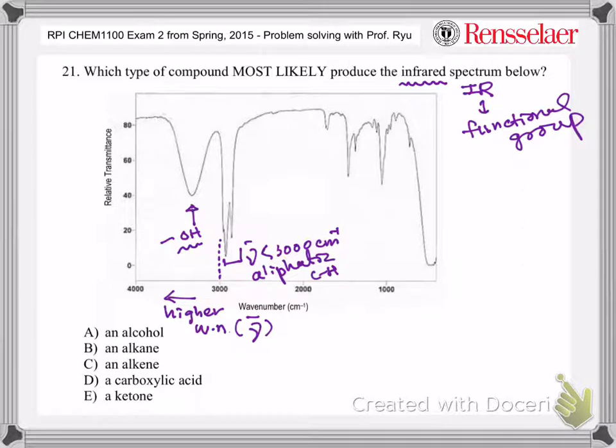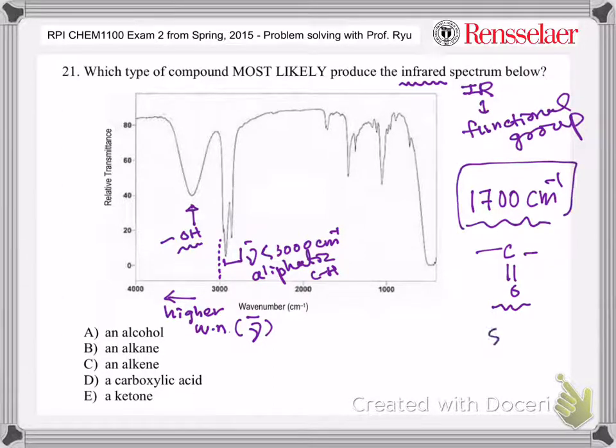One other very important one is the peak around 1700 or 1715, and this is a very signature of what we call the ketone peak. There are many functional groups that contain a ketone, and this ketone peak is very, very strong in IR. But now I'm looking at 1700, which should be around here.